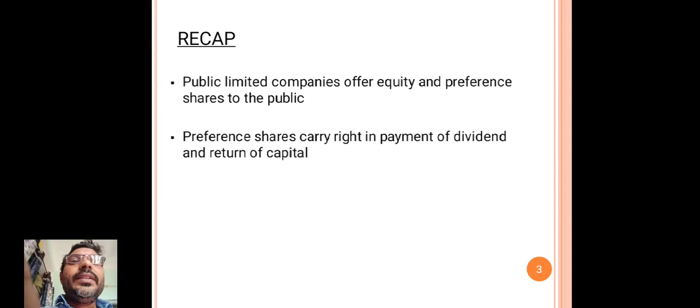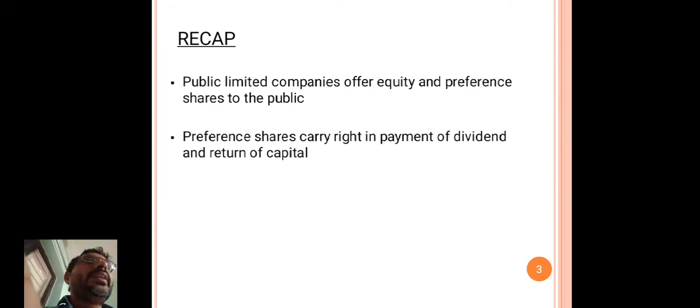And there is another kind of share which is called a preference share. The name itself says it is a preference. It is nothing but a priority. So these shareholders will be given priority over equity shareholders.